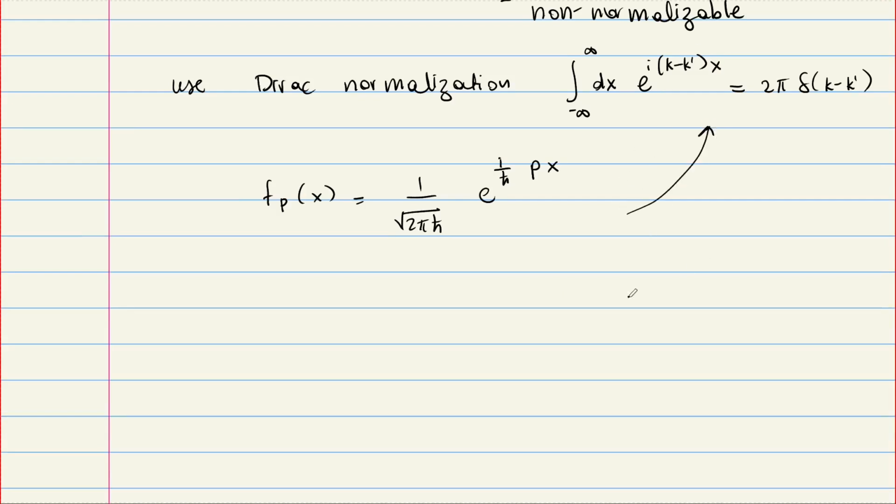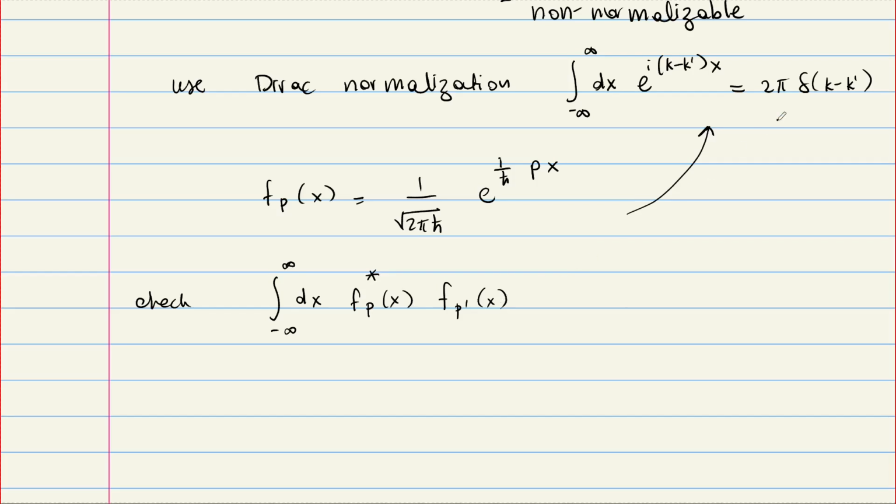And let's check. What we want is to find ∫dx from minus infinity to plus infinity, f_p(x)* f_p'(x), right? That is the normalization we want to show.